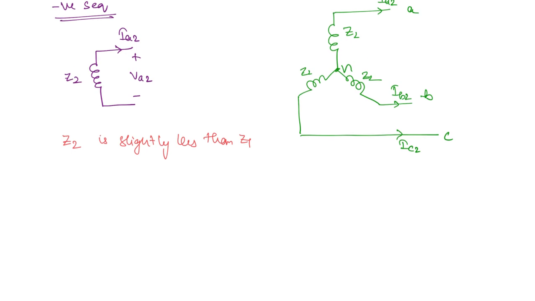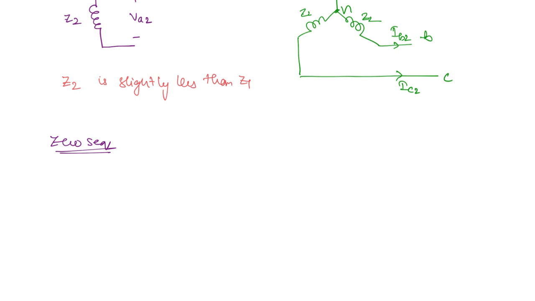Next, the zero sequence network. Here you are going to have two impedances. This point will be the neutral point. What is this impedance here? This is ZG0, the zero sequence impedance of the machine, the per phase impedance of the machine.